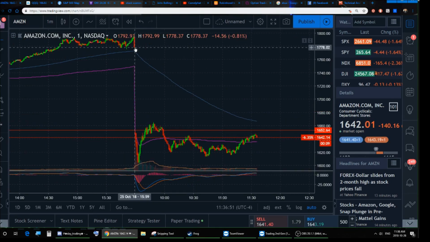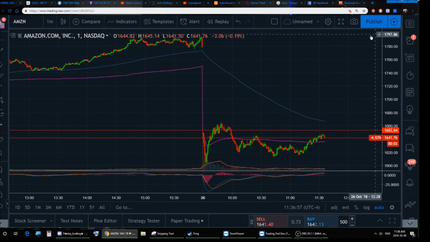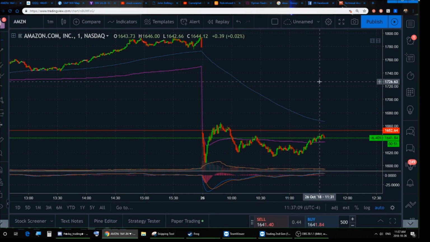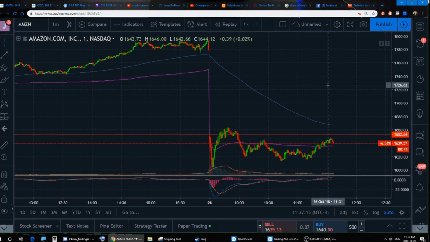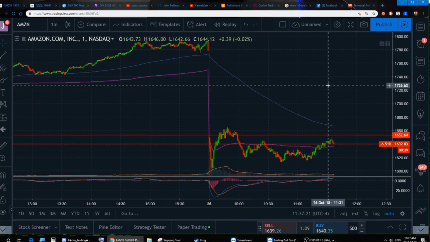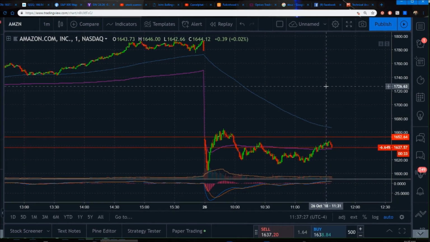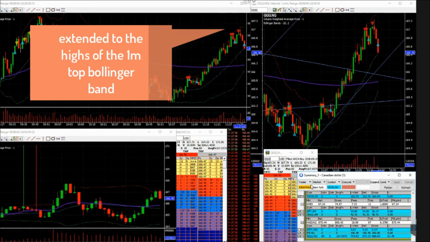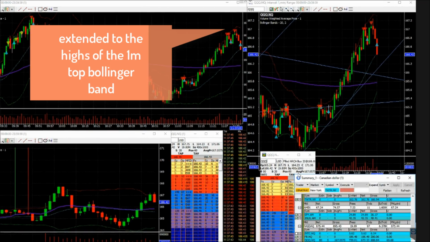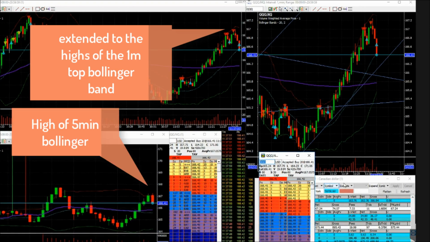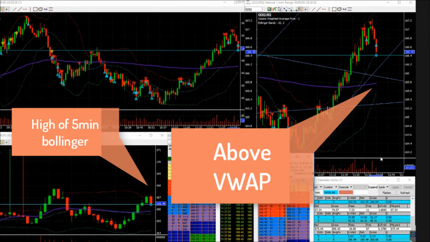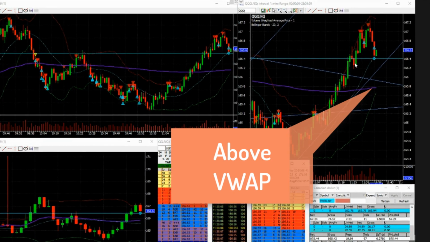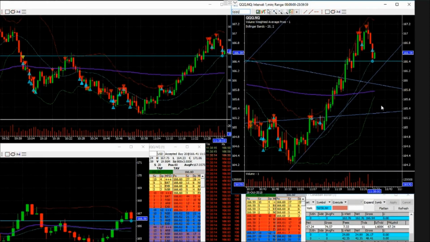The larger the band width is, the more volatility we're getting. And when I see that, for instance, a stock that's at all-time highs, and it's screaming overbought with the Bollinger Bands, and it can't go any higher based on the fact that it's overextended on the 1 minute and the 5 minute and overextended from the VWAP, then I'll be looking to short it 9 times out of 10.